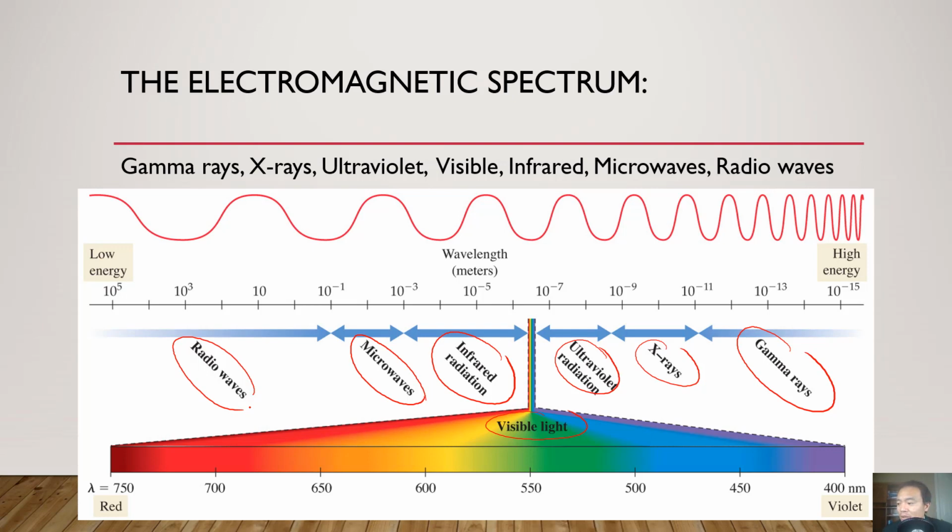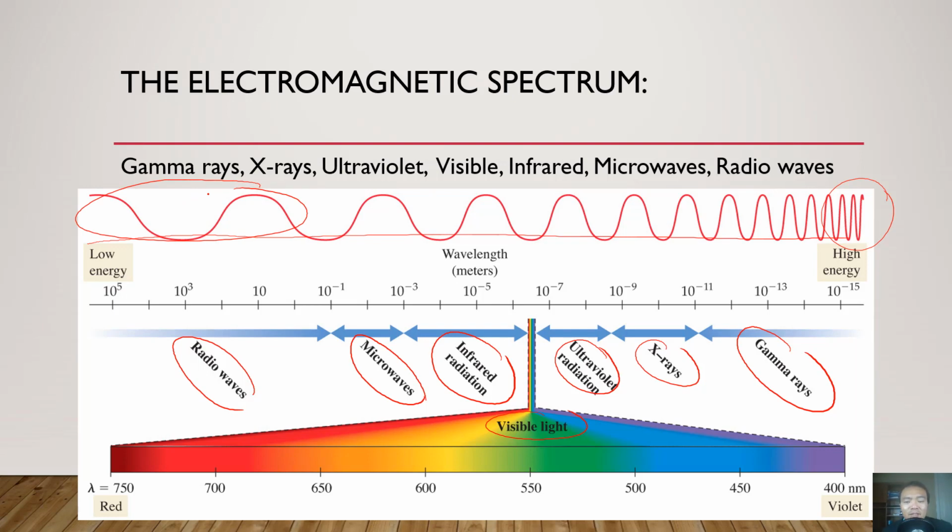As you notice over the top, the wavelength, on the right side, gamma ray has the shortest wavelength, but the highest frequency and the highest energy. Radio wave has the longest wavelength and the lowest frequency and the lowest energy.